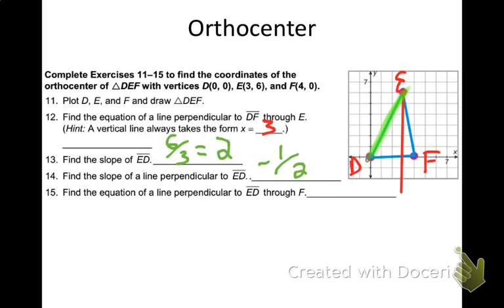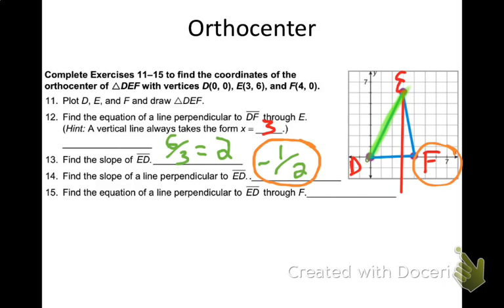So I'm going to take coordinate F, and since it's going to be perpendicular, I need to use that perpendicular slope, -1/2.